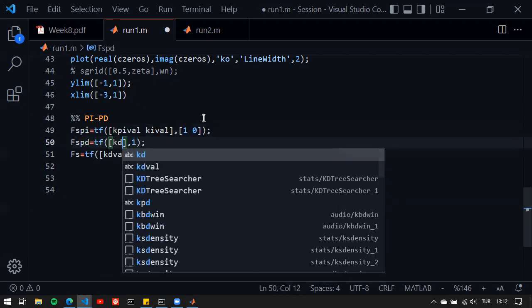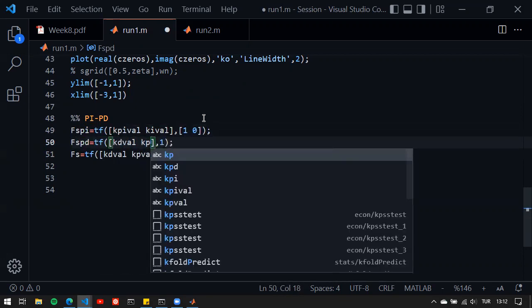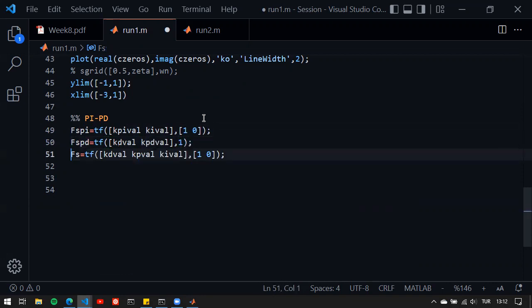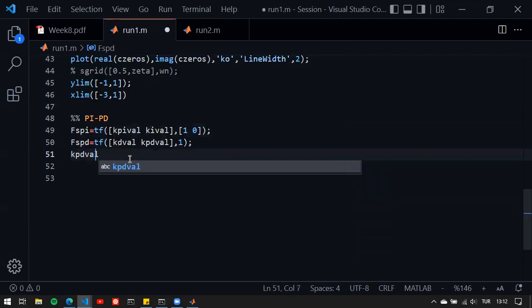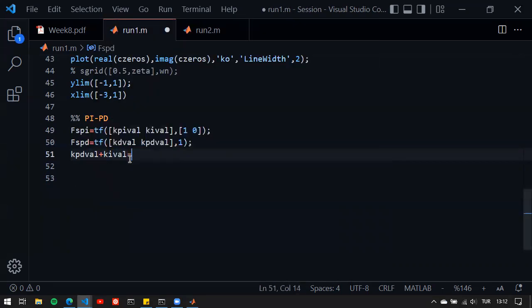So I have KD val and then KPD val. So yeah, I have to decide on KPI val and KPD val. But their sum, KPD val plus KI val, should be equal to KP val.